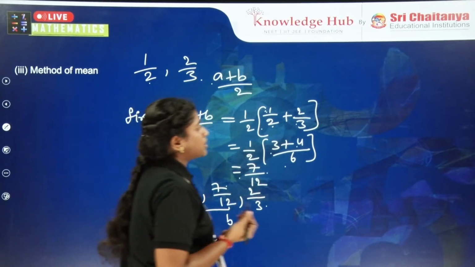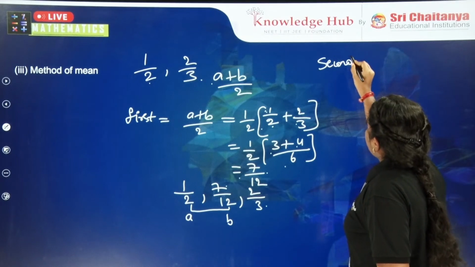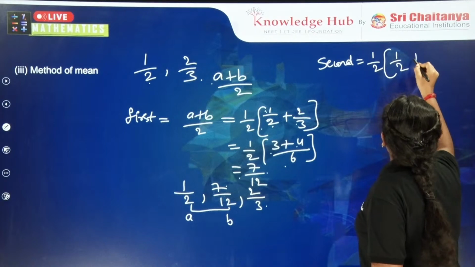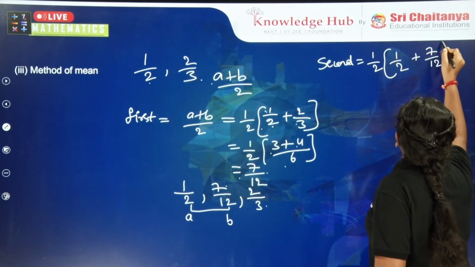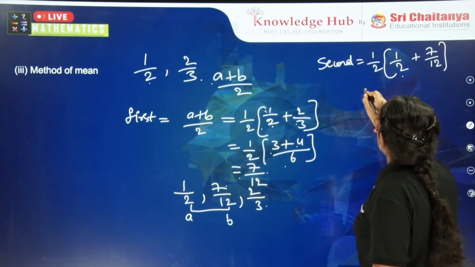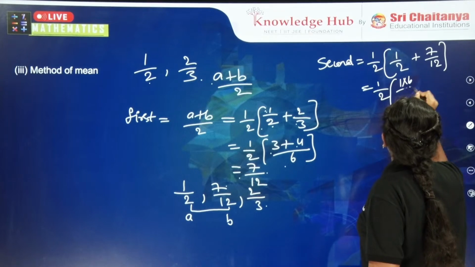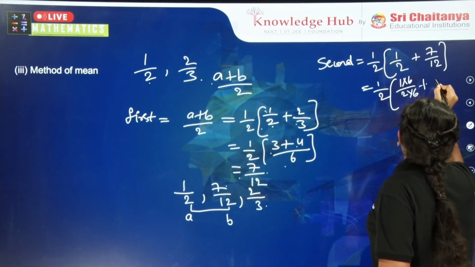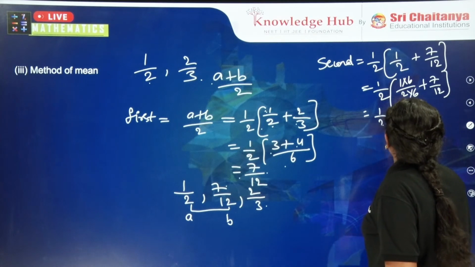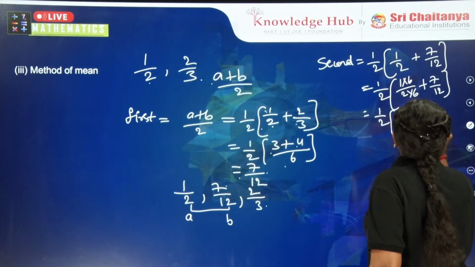So coming to the second rational number between them, the second one will be half of 1 by 2 plus 7 by 12. So simply we can convert the 2 into 12 by multiplying with 6. So that becomes 1 into 6 by 2 into 6 plus 7 by 12, which will give you half of 6 by 12 plus 7 by 12.